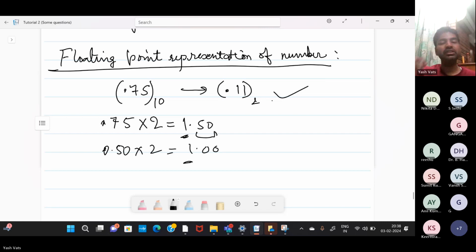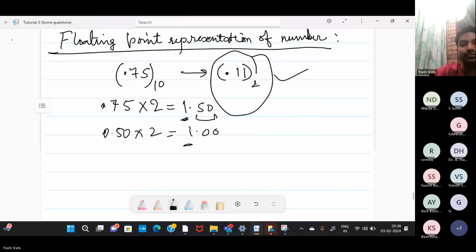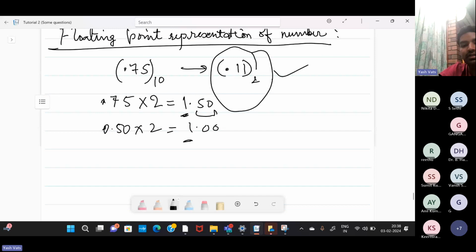Anyone? How do you recover this 0.75 from this one? How do you do that? 0.11. To do that, you just need to follow the same procedure. So it's 0.11 to 0.75.